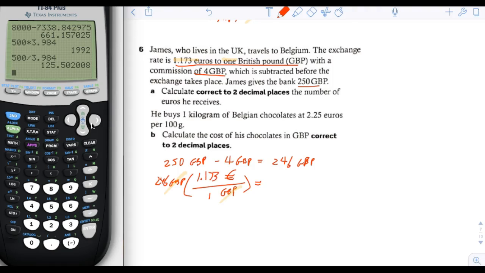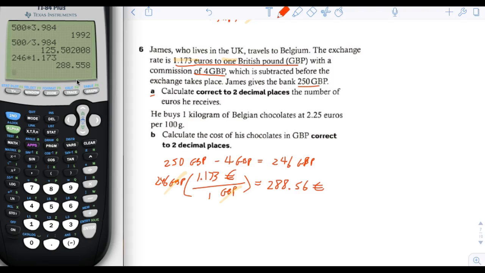So basically what we're going to do is 246 times 1.173 euros. That's equal to 288.56 euros.